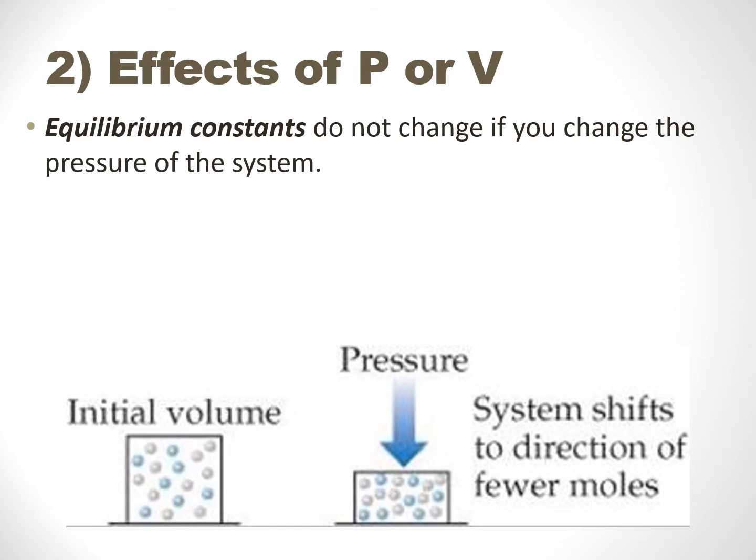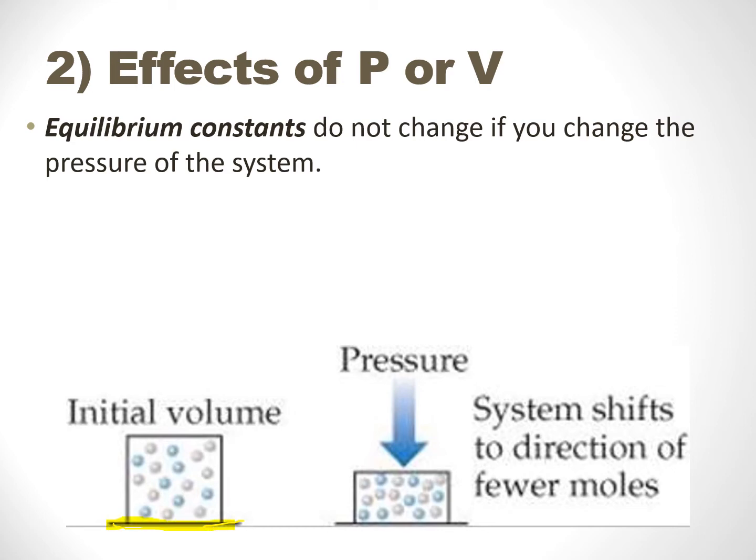Because if you remember from the gas laws, one of them is Boyle's law, which tells you that pressure and volume are inversely proportional. So for example, if you have this container here with a mixture of gases, you see there are some molecules of gas here represented as little blue dots, and the others are gray.